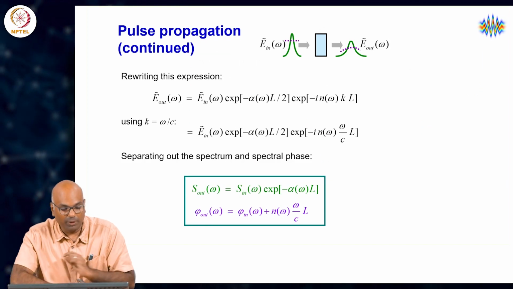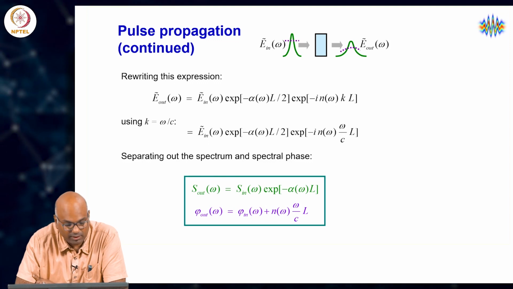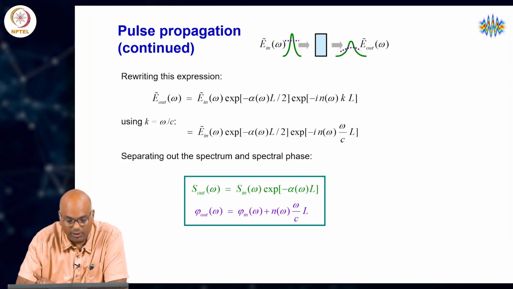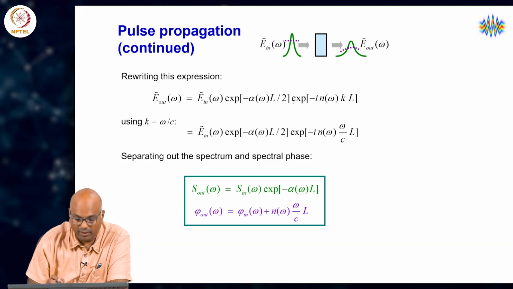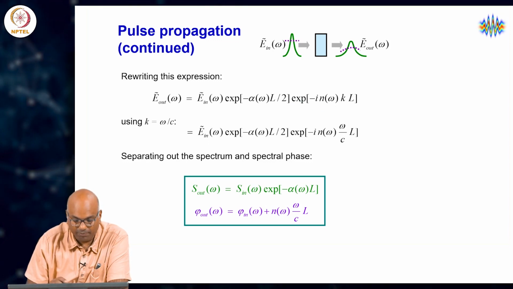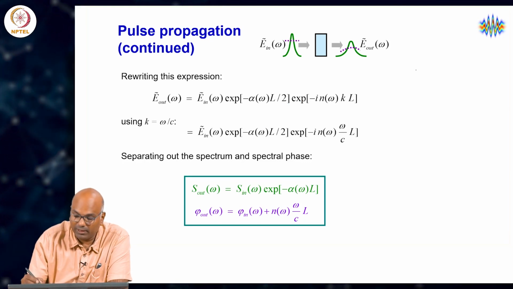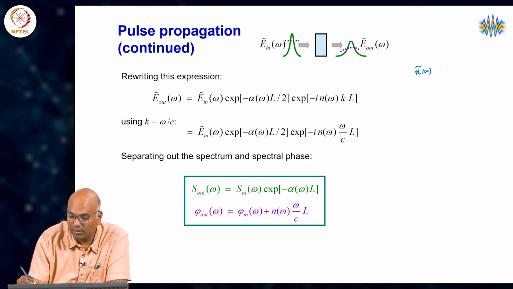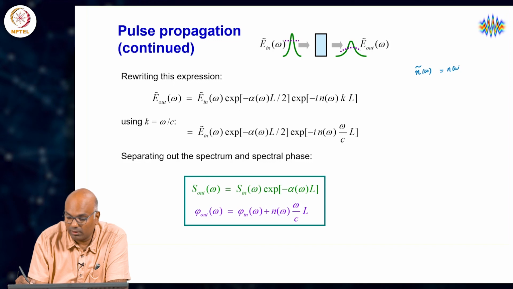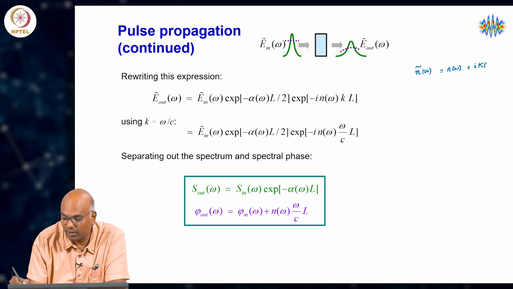So, when we propagate a pulse, we write this expression out, separating the real and imaginary parts of what could be a complex refractive index, which I introduced to you in the previous lecture. So, n tilde is n of omega plus i times kappa of omega.